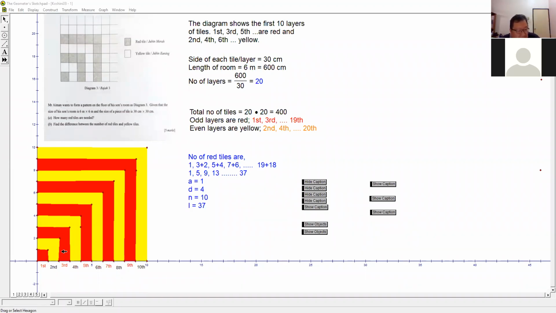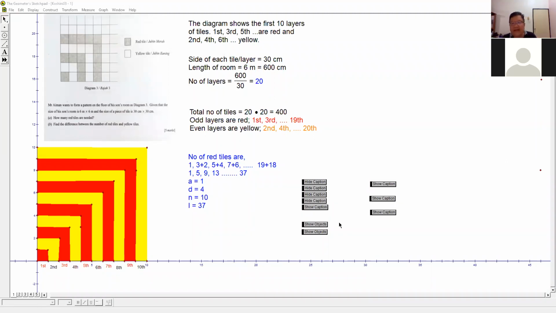Then vertically cannot have 3 already, because if I pull down from the top, then it will be 3. But this corner tile, I already give it to the horizontal one. So the horizontal one has 3. So the vertical one has only 2 tiles. So the number of tiles in this L shape is 3 plus 2.